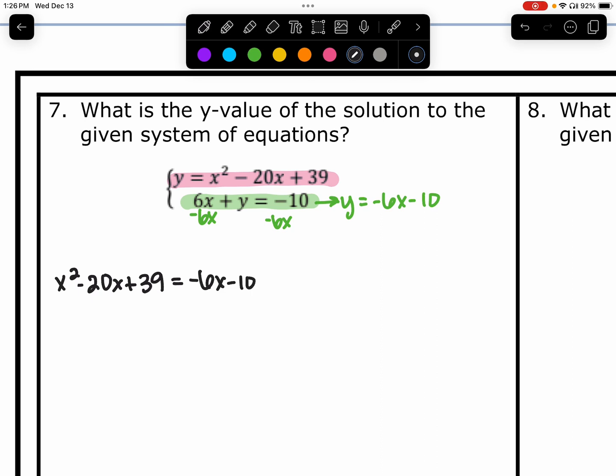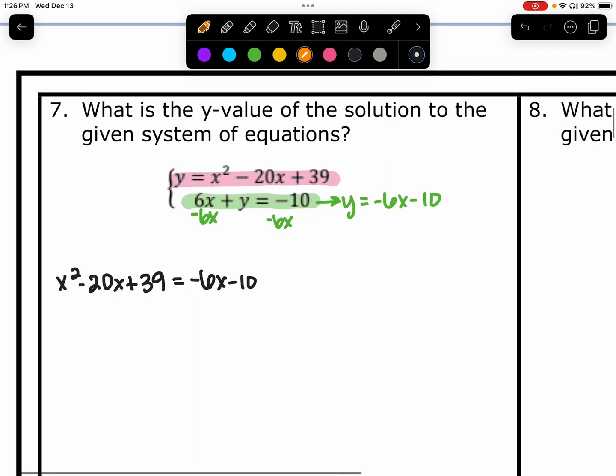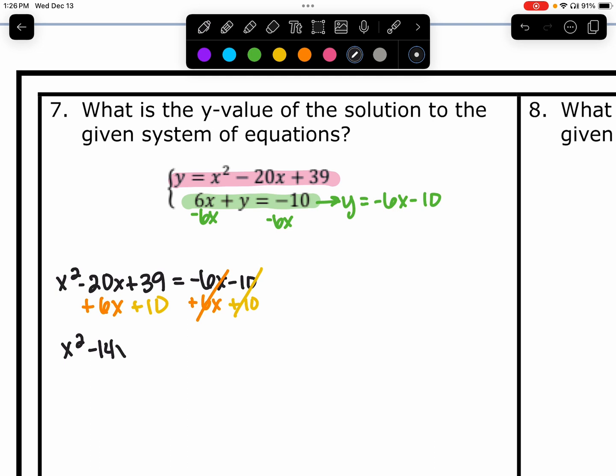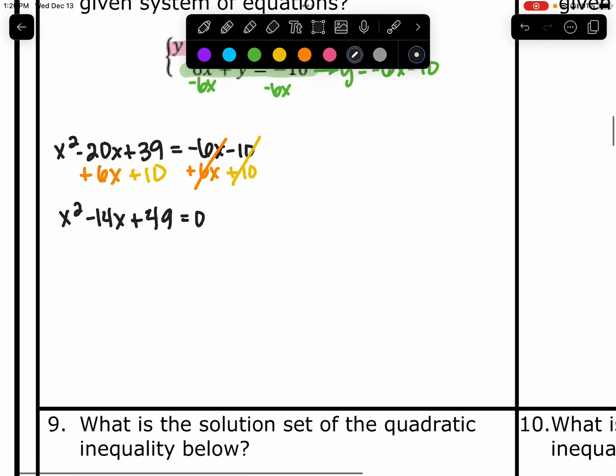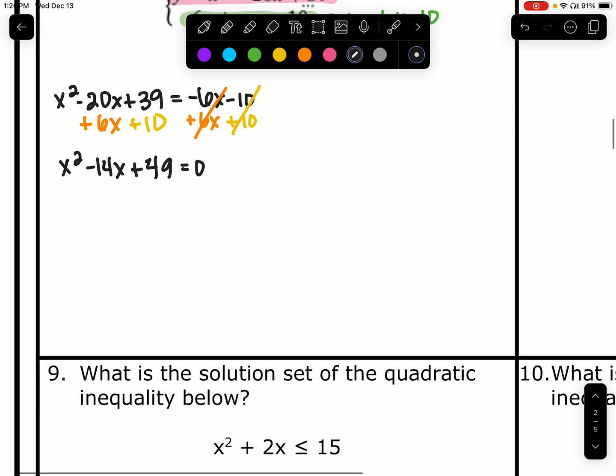All right, and then we're going to add 6x to both sides and add 10 to both sides, and that'll zero those two out. Let me add 10 to both sides like that. Okay. So then that'll leave us with x squared minus 14x plus 49 equals 0. Now some of you might be able to look at that and tell that that's a perfect square trinomial, but if not, that's fine.